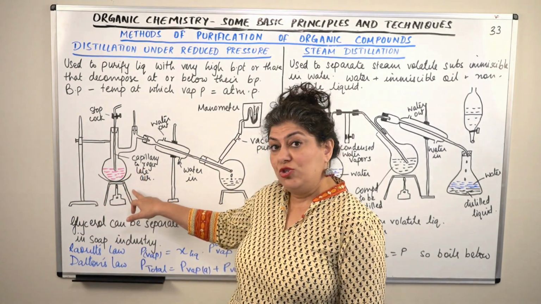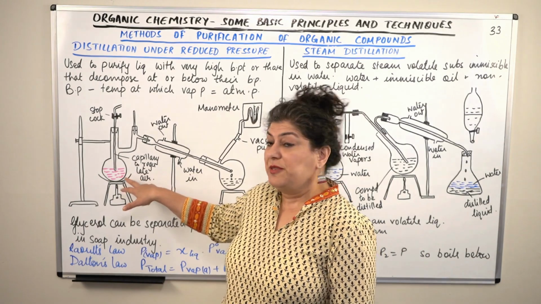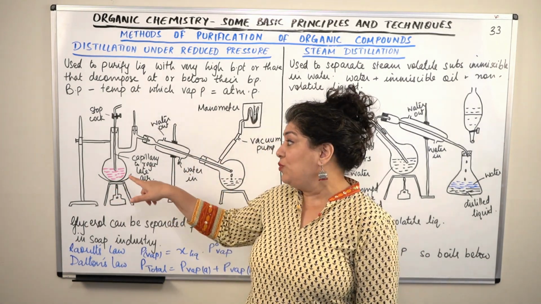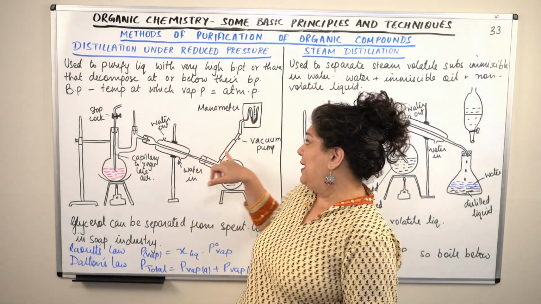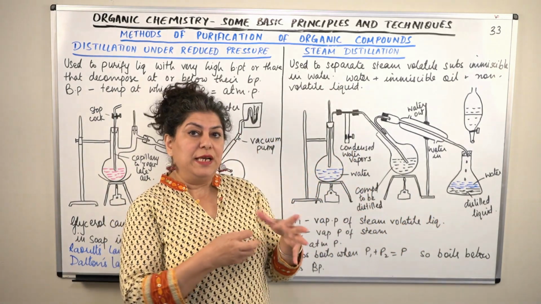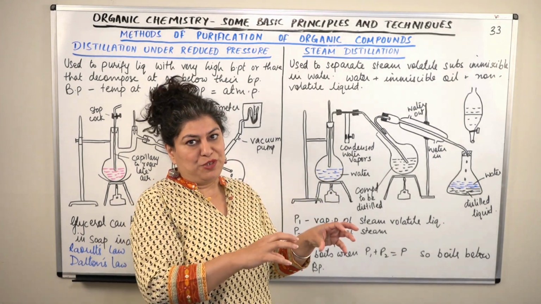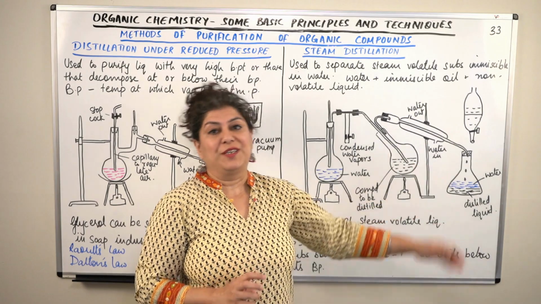In distillation under reduced pressure also, the substance was boiling at a temperature lower than its boiling point, but that was because we decreased the atmospheric pressure by connecting it to a vacuum pump. But in this case, we did not connect it to a vacuum pump, rather we substituted some of the atmospheric pressure with the help of the vapor pressure of water.